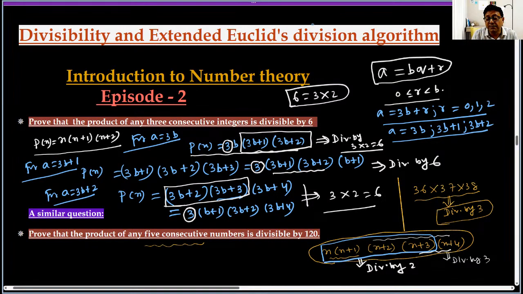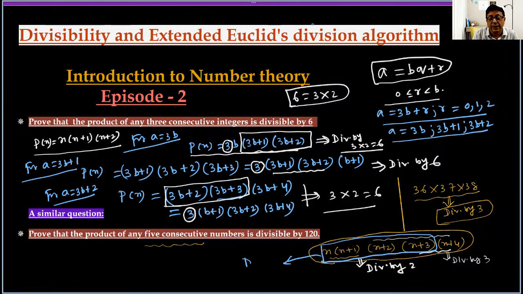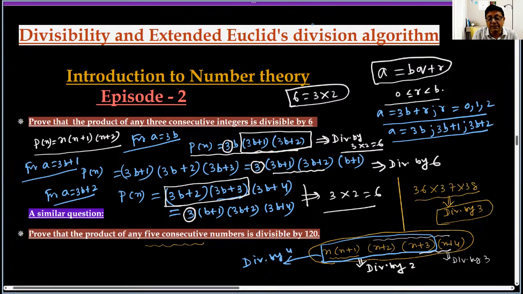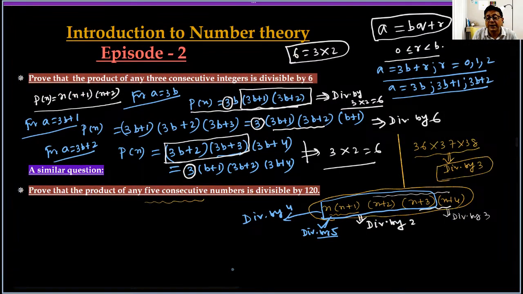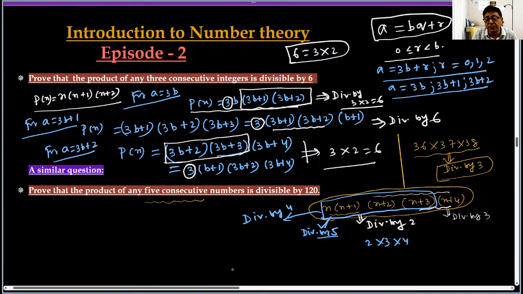This is divisible by 4. Product of 5 consecutive integers, I mean this total product if you take, it is divisible by 5. So their product will be divisible by 2 into 3 into 4 into 5. So this product is 120. So the product we have taken there is always divisible by 120.